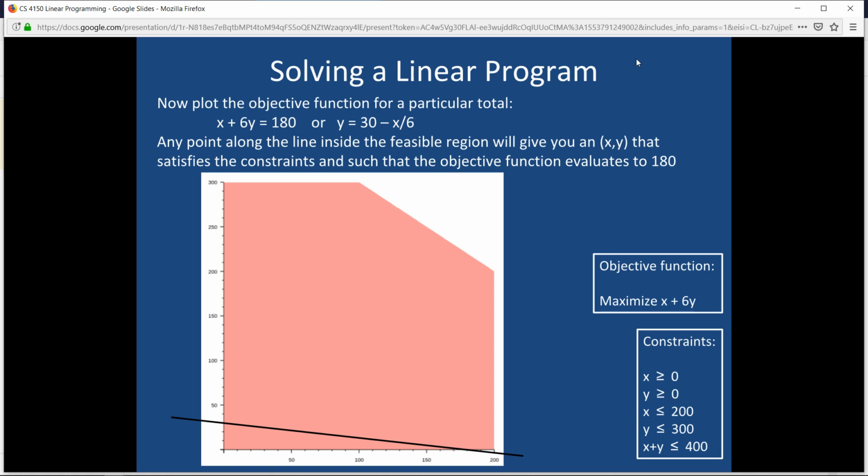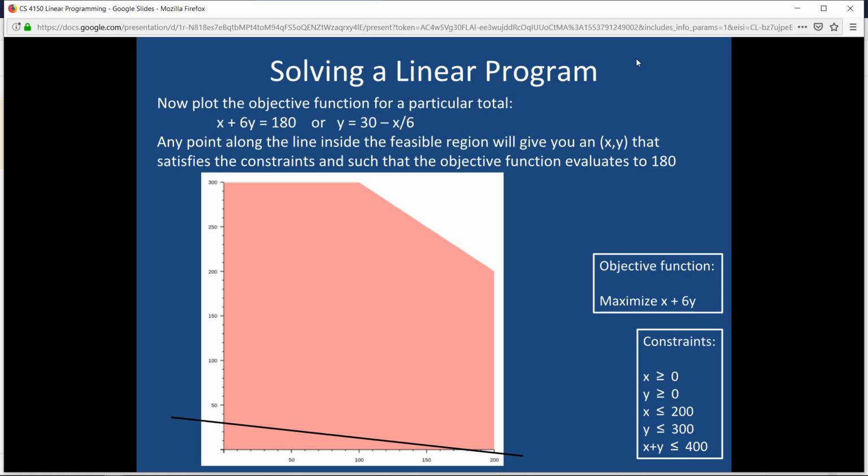Now, what would happen if I changed the 180 to 190? What would the line look like? It would be a little bit higher. Those lines, the points on those lines give us a slightly higher value of the objective function. If I keep increasing, 180, 190, on up to 1,000 or whatever, the line gets higher and higher.